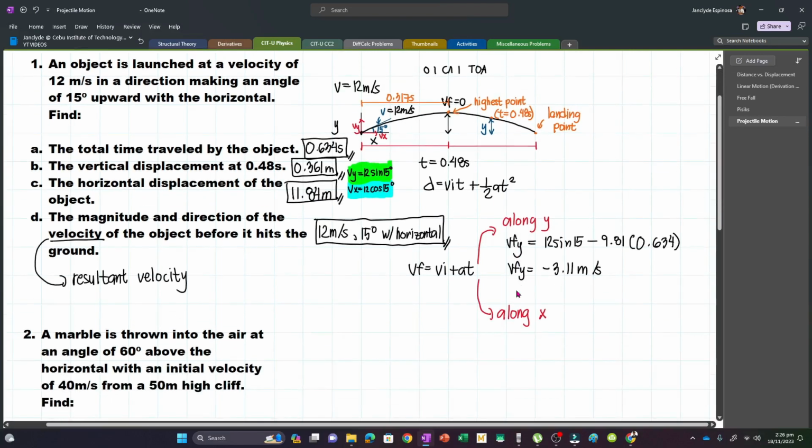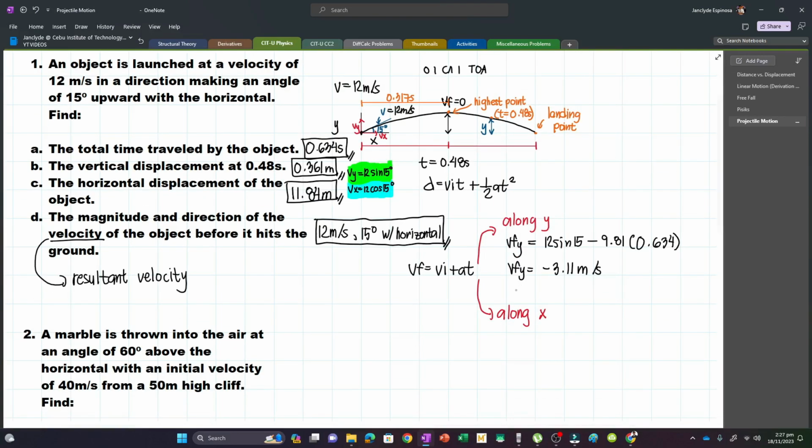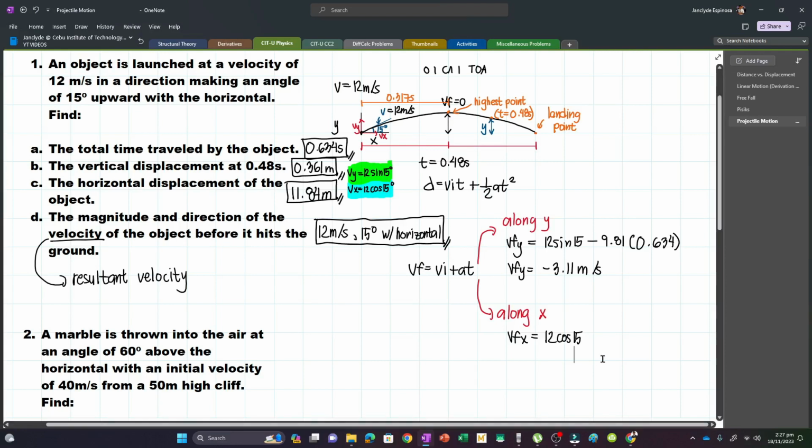And then let's try to compute for the velocity along x. And so that will be, again, atong gamiton na kay ang Vx na, which is 12 cos 15. And then minus, along x day kay we know no nga wala tay acceleration. Kay wala ba siya nag-accelerate dire ba horizontally. Naay acceleration tungod sa gravitational acceleration, pero wala man gingon dire nga nag-accelerate siya horizontally.